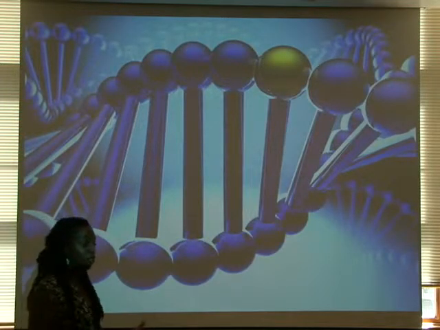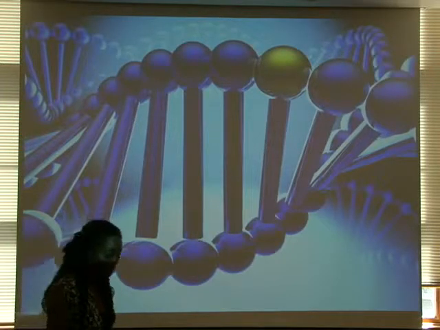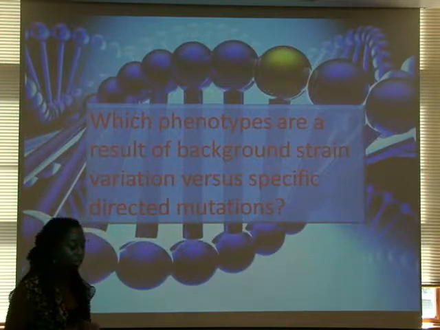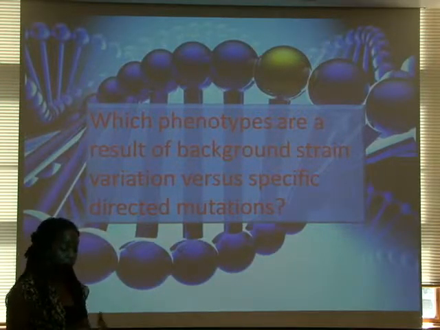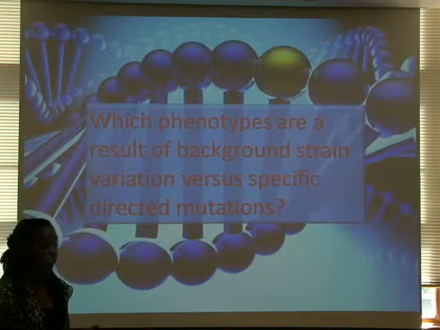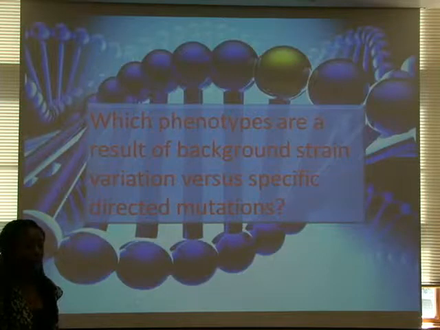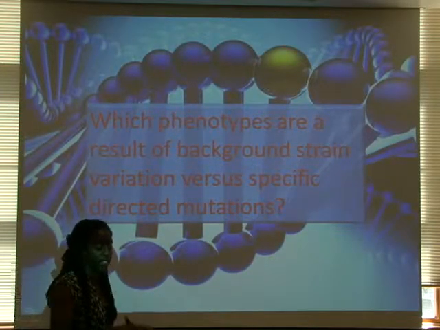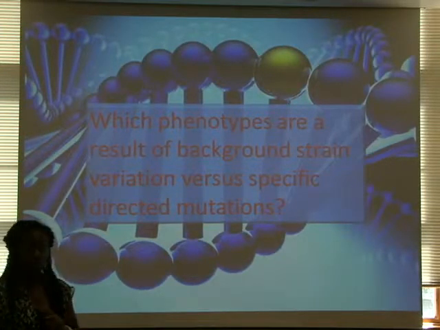And so throughout this project, I had to ask myself the question, while I was looking at the information, which phenotypes are a result of background strain variation versus specific directed mutations? And so the background strain variation refers to the wild-type mouse. So there's nothing being manipulated by researchers in their genes, and the specific directed mutations are referring to the transgenic mouse. So you ask yourself 3 questions.